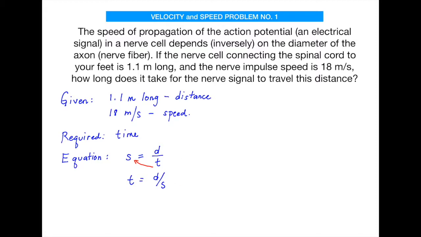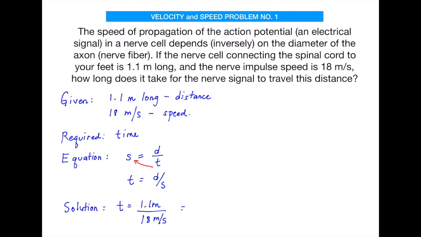Okay, so we proceed now to our solution. The solution, simply time equals 1.1 meter long as our distance divided by 18 meter per second. That's 1.1 divided by 18 meter per second.